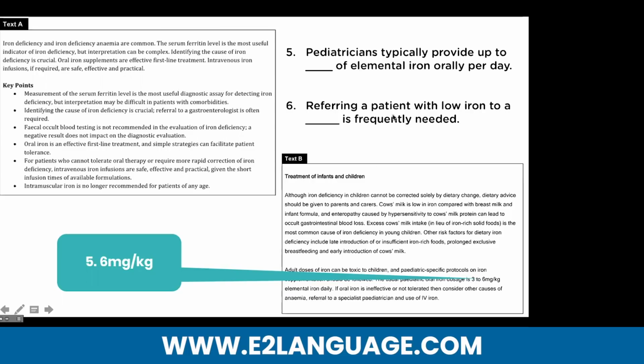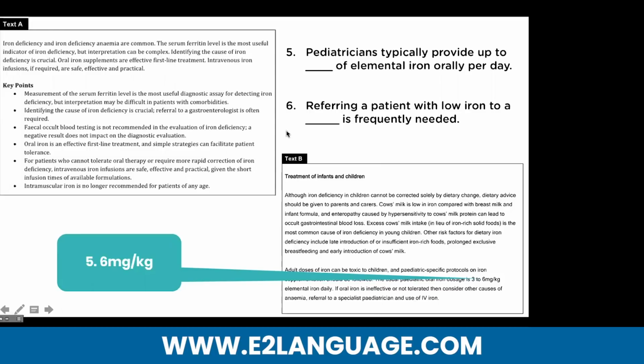Pediatricians, so we know we're in text B, typically provide up to. If it says up to, do I need to include 3? Up to 3 to 6 milligrams a kilo? No, I just need to go to the highest volume here. Up to 6 milligrams per kg. That is the answer. Can you just tell me, did you get that right or wrong? Just type in right or wrong.